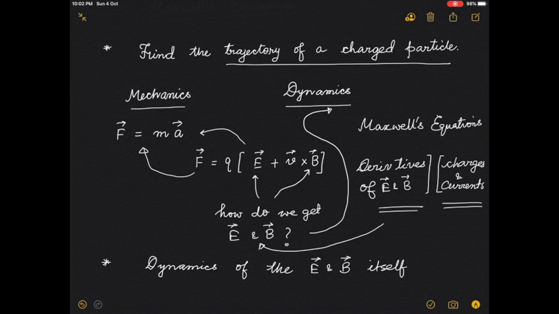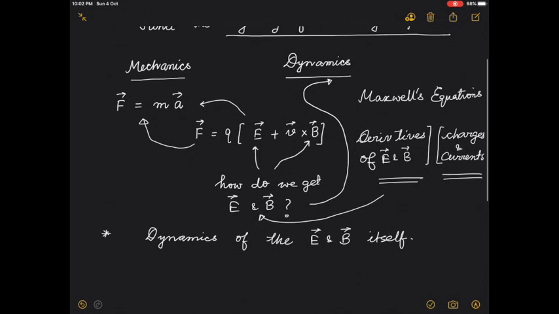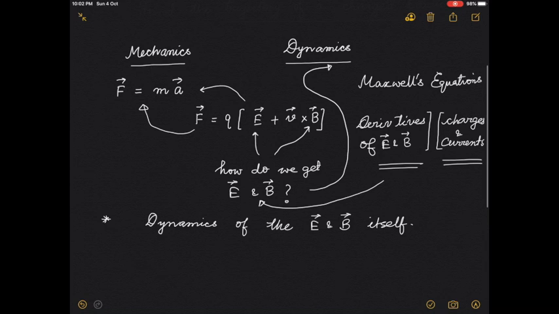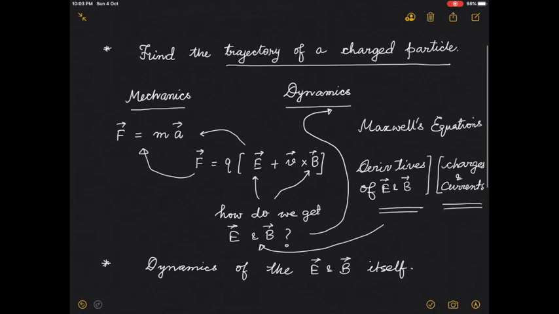It turns out that both E and B are functions of time also, and because of that they have a dynamics, and that dynamics, even if there is no charge or current, also has some interesting properties, and sometimes you would just like to study that. Obviously you know what they are called. The dynamics is essentially the electromagnetic wave. Well, with that much of introduction, these are the two problems that one would like to solve in classical electrodynamics.